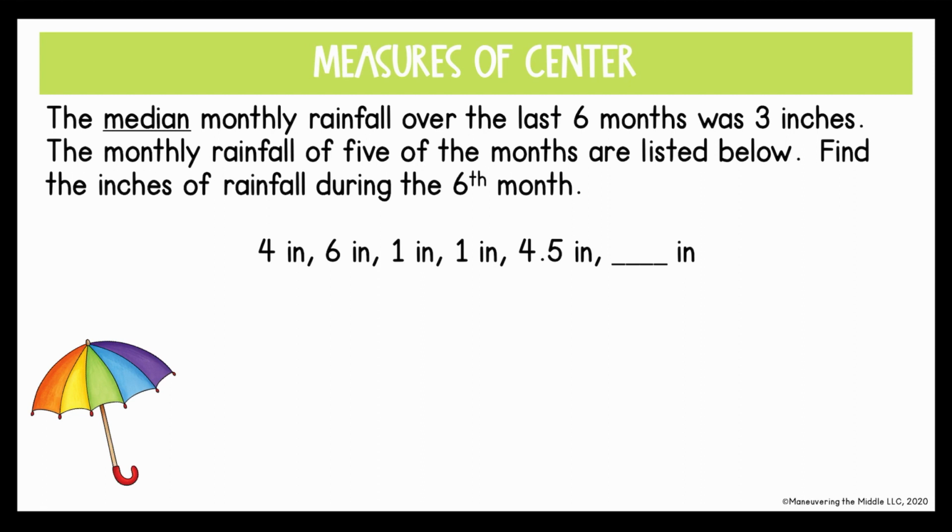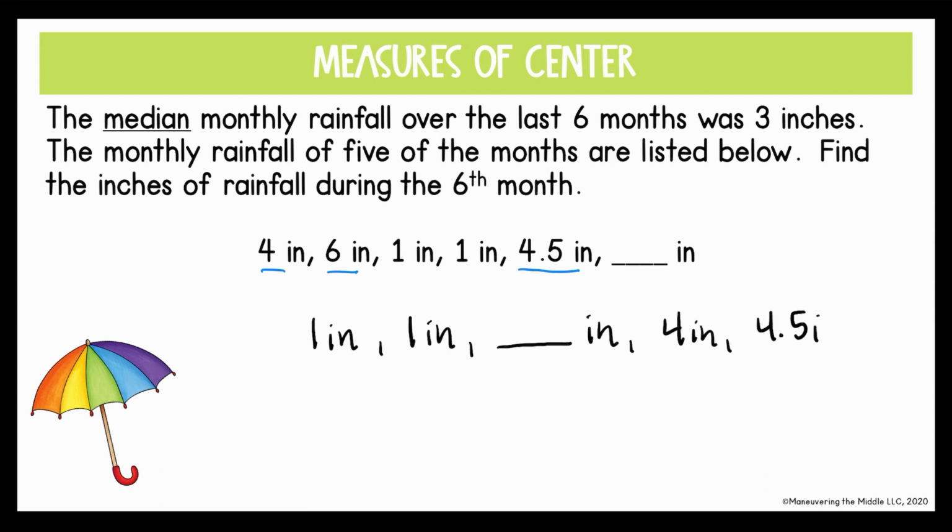And so when I look at my list of data points, I can see that 4 inches, 6 inches, and 4.5 inches are all greater than 3. So when I go ahead and list my data points in order, I know I have 1 inch, 1 inch, the missing value, 4 inches, 4.5 inches, and 6 inches.